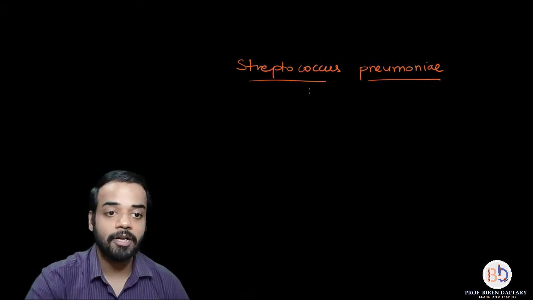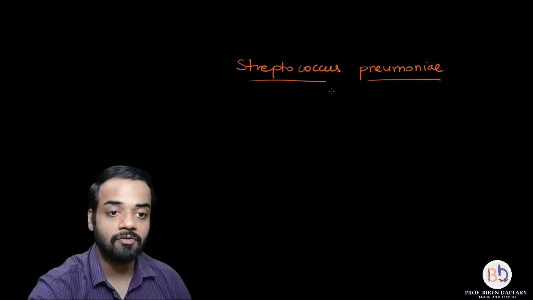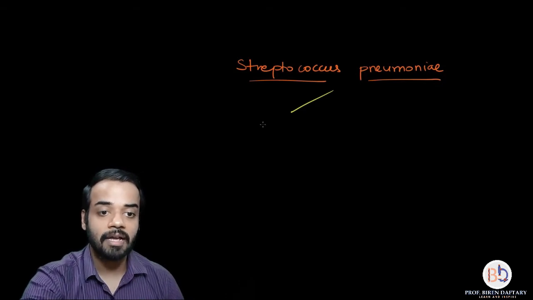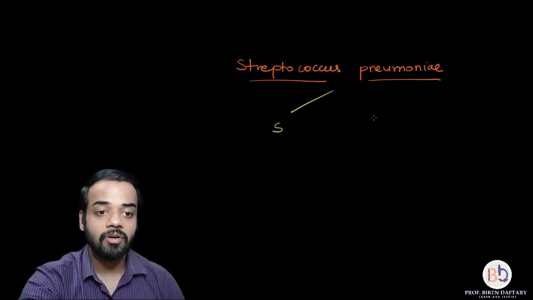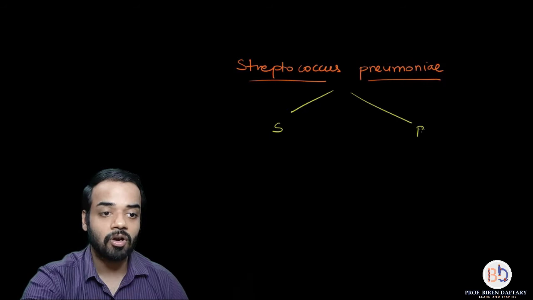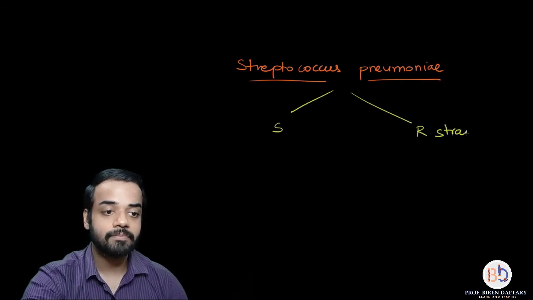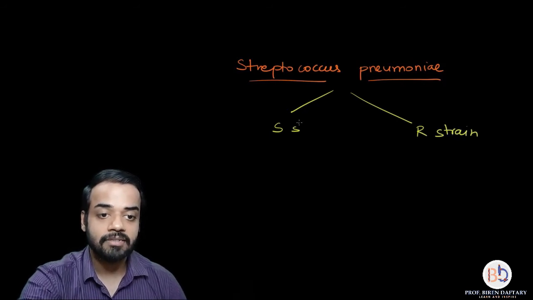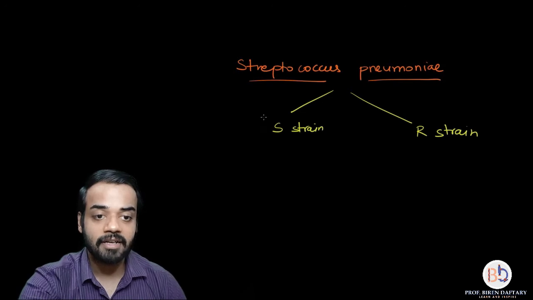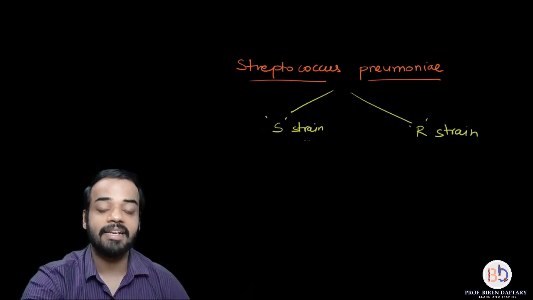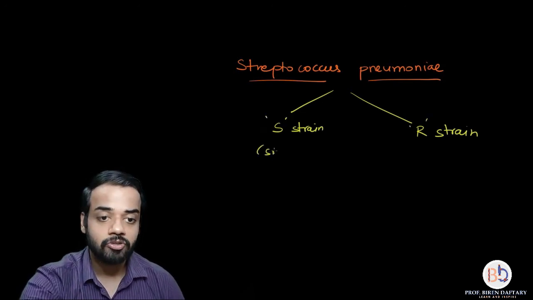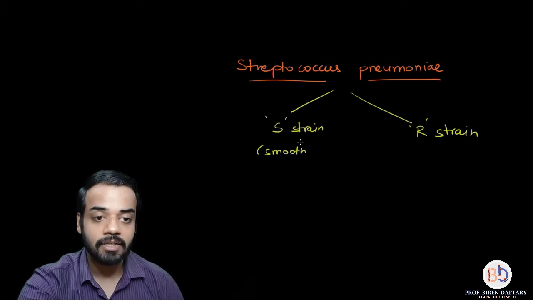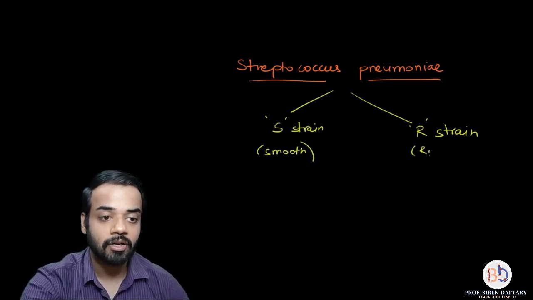If I point it out over here, there is one strain which is called the S strain, and the other one is called the R strain. S stands for smooth, so let me write it down over here, and R stands for rough.